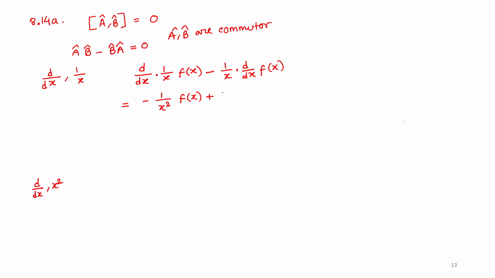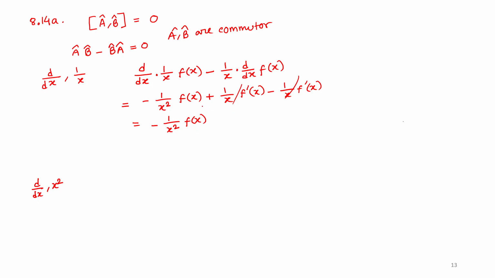Then plus, now 1 by x will remain the same and we will do the derivative of f of x, that is f dash x, right? And then at this part we have nothing more to do, it is 1 by x f dash x, and you can see these are getting cut. So we are remaining with minus 1 by x square f of x.